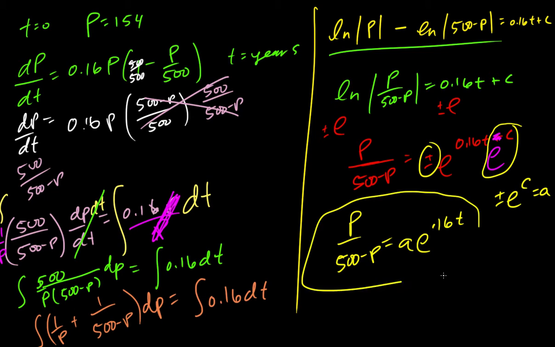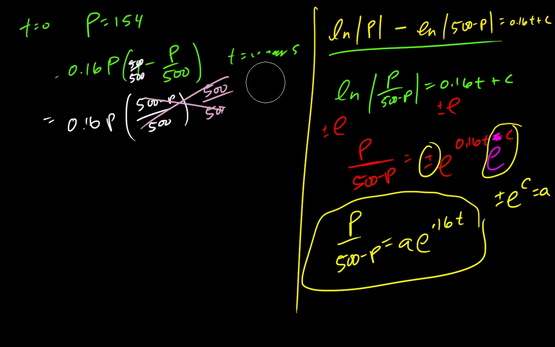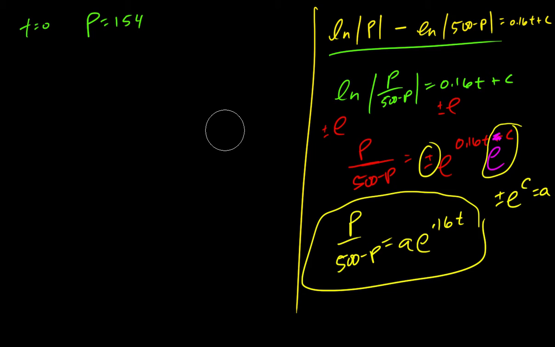Okay, your book approaches this a little bit differently, but we're going to just take it to that. And let's get some room. Now using this, we're going to figure out what a is. If we plug in 0 for t, actually maybe I don't want to do that yet.